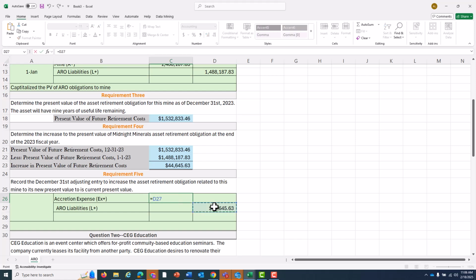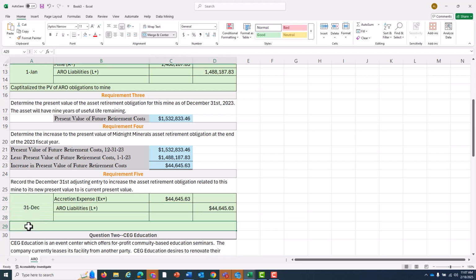The liability isn't being carried at what it's going to cost us in the future, it's being carried at its present value. Well, the present value of that liability just increased, so we need to accrete this $44,645.63 to our ARO liability, which we're going to do in this December 31st entry, where we adjusted mine ARO to current PV.